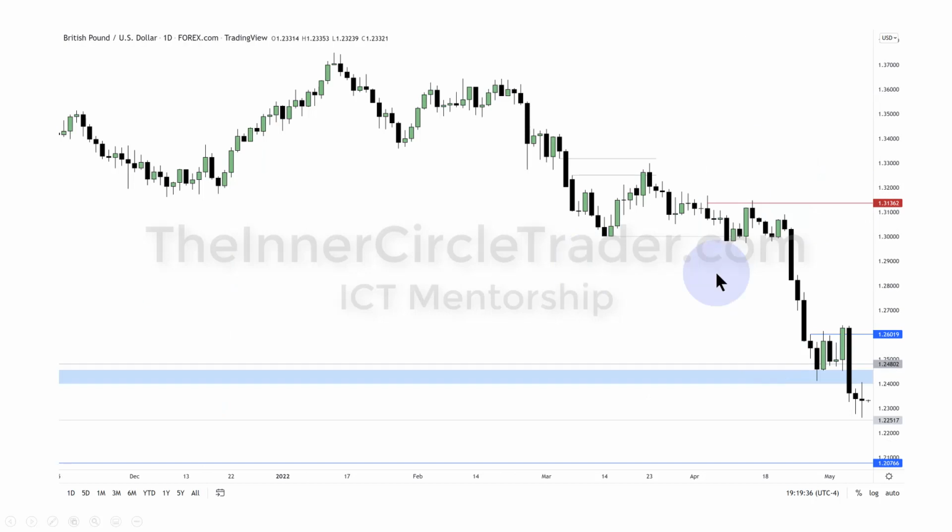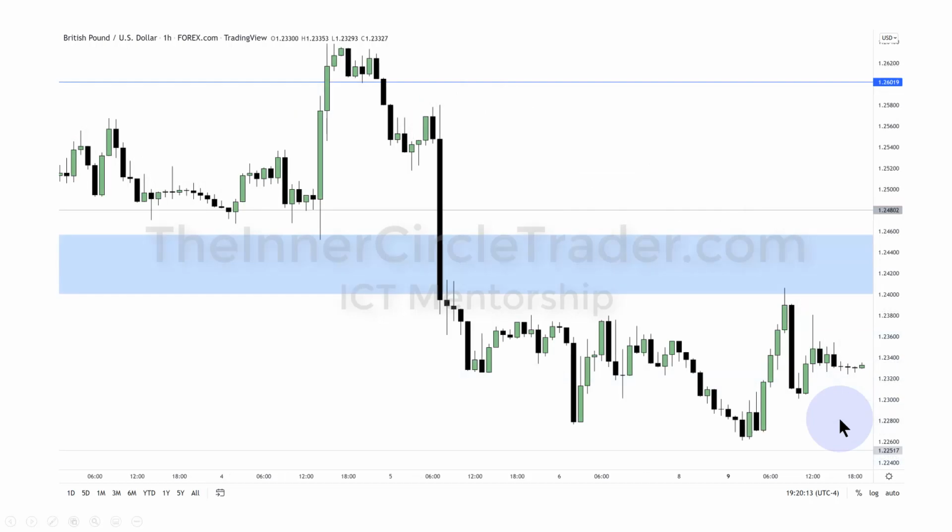Pound dollar. Okay, you can see just a little bit indecisive in here. Traded back up into our old imbalance. Again, go back and look at your notes as to what this shaded area is. Trade up into it here after taking the sell side here.